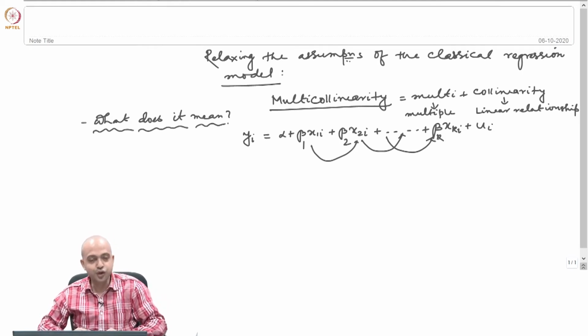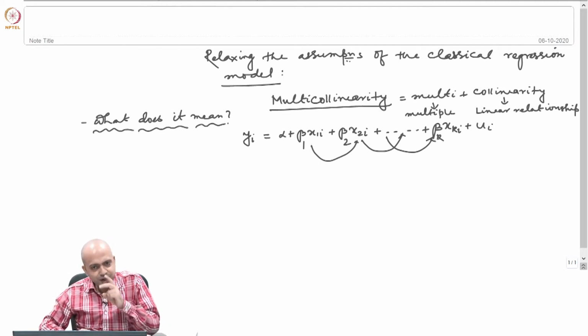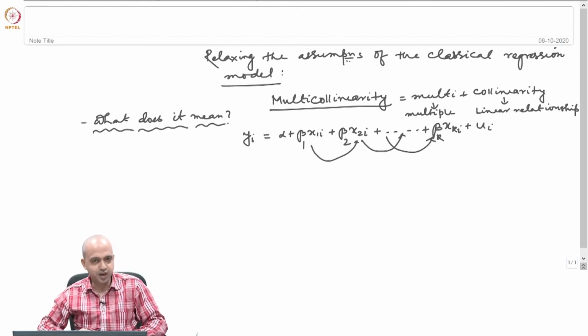That is the actual meaning of multicollinearity, but when you estimate a model, even if you get one such linear relationship, and that relationship is called a perfect linear relationship, collinearity, here I will say perfect, I will explain what perfect means, then also we will say that there is a presence of multicollinearity.